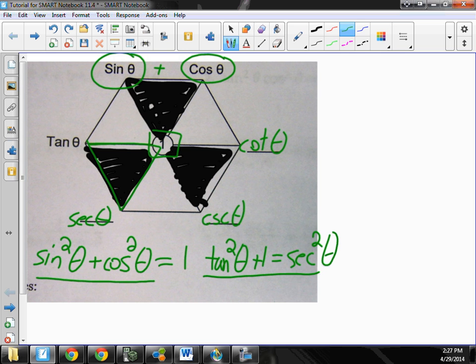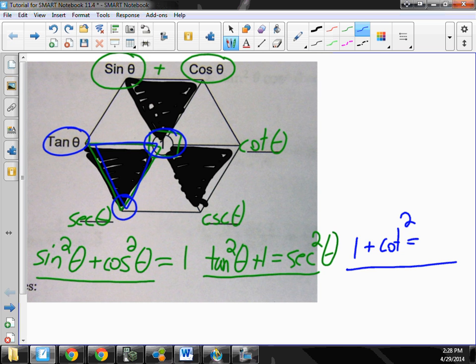So we're looking at this triangle here: top left squared plus top right squared equals bottom squared. This is only true of the shaded triangles. Okay, so the last one is going to be 1 plus cotangent squared equals cosecant squared. And there should be thetas in all these. Hopefully I don't forget to write them.